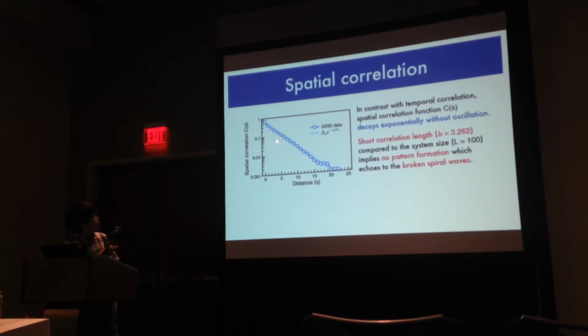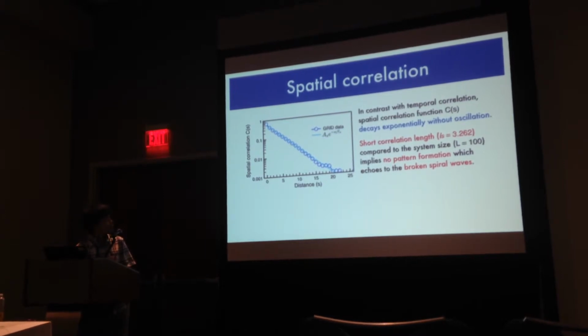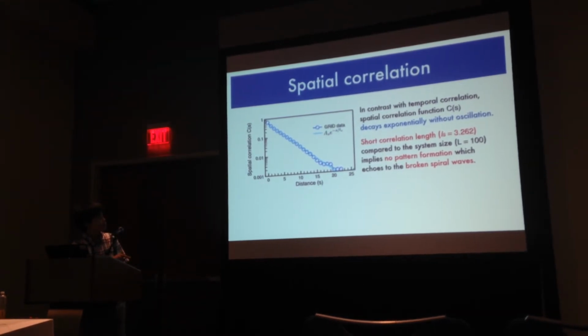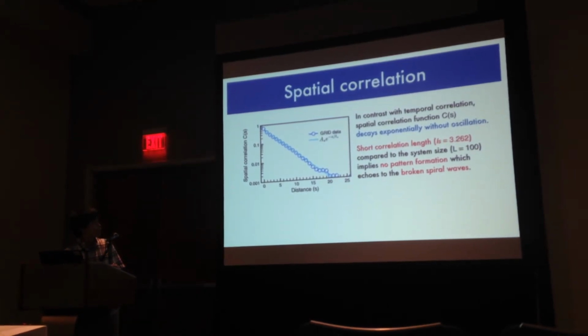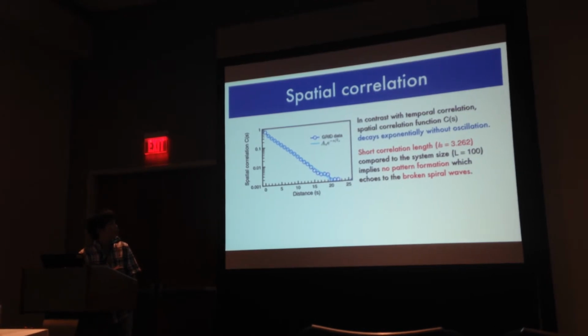The spatial correlation in two dimensions is an exponential decay, so it's a short correlation length compared to the system size, which implies that there is no pattern formation in the system. This echoes the broken spiral wave I mentioned before.